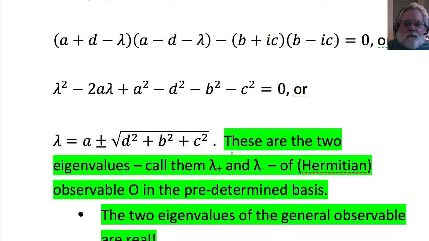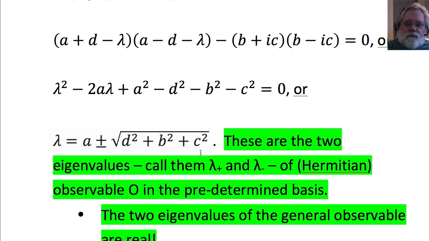So these are the two eigenvalues. Called them lambda plus when we have a plus sign, lambda minus when we have the minus sign. These are the two eigenvalues of Hermitian observable O in our given basis. D is real, B is real, C is real.